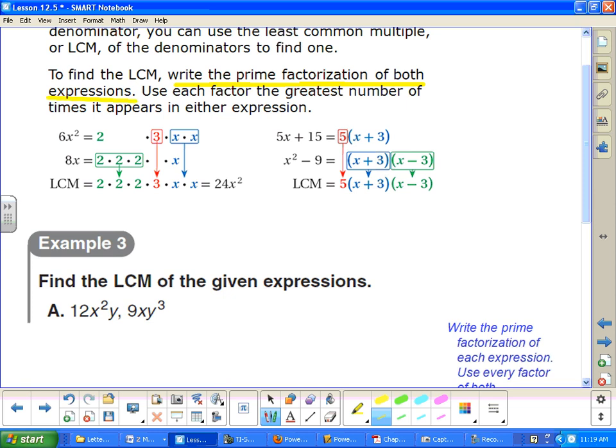What do we mean by prime factorization? That means we're just going to list all the prime factors, all the prime numbers, and take all the variables and pull them apart also. And then to find our answer, we're going to use each factor the greatest number of times it appears.